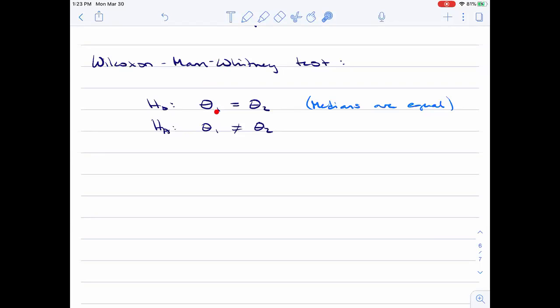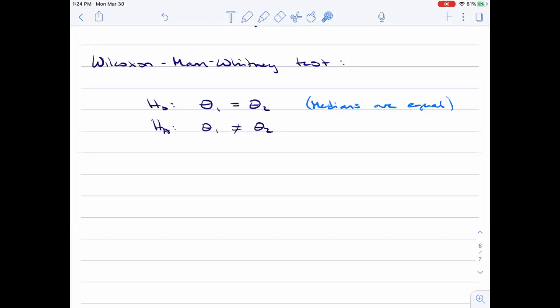You've got group 1 and group 2. Remember, this is just for 2 samples, and later we'll do the extension to multiple samples, but it'll have the same layout. What's interesting about analyzing the medians, so these thetas are medians, is that we're usually doing these tests based on ranks.